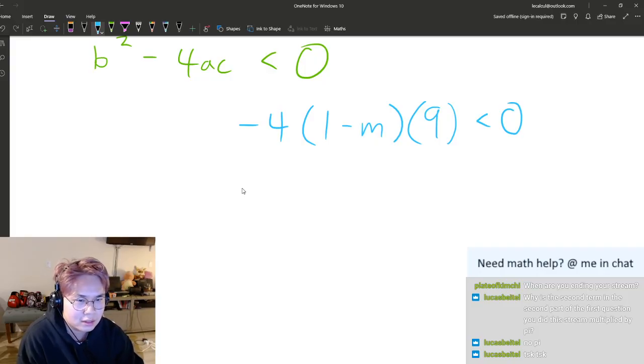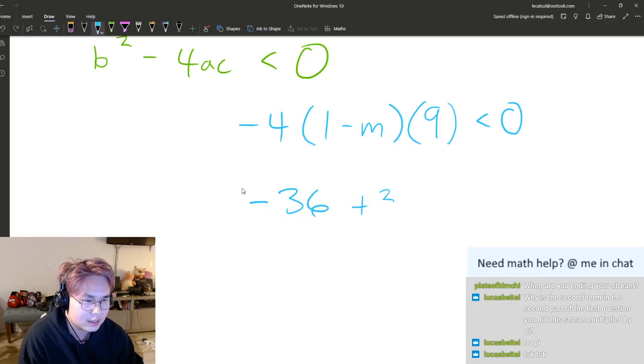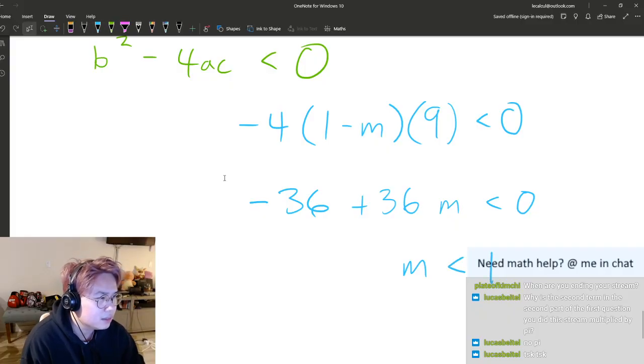Oh well, we'll keep going. So we have negative 36 plus 36m needs to be less than 0. So m needs to be less than 1.